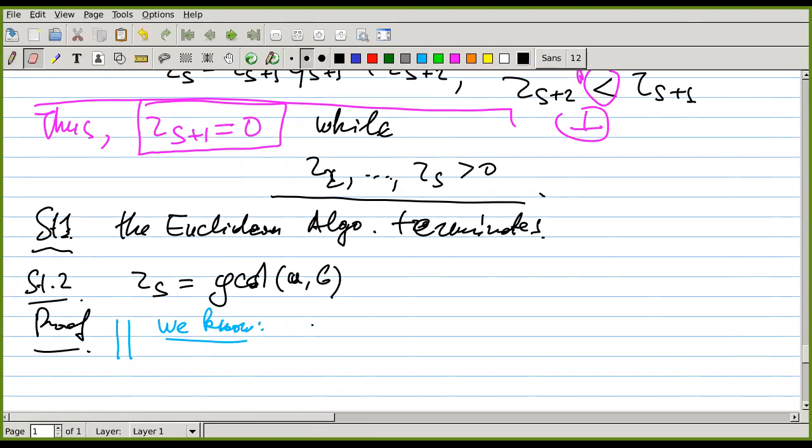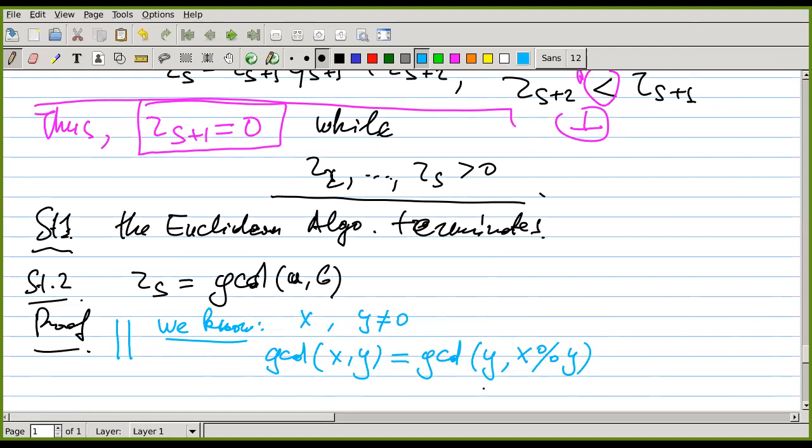For every X and every Y, which is not 0, we have that the greatest common divisor of X and Y is equal to the greatest common divisor of Y and the remainder.